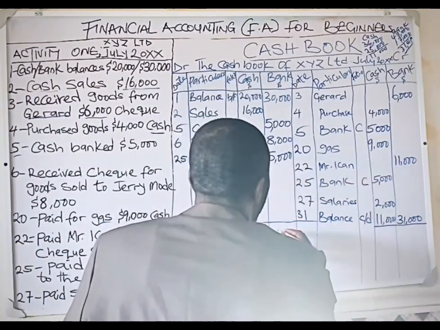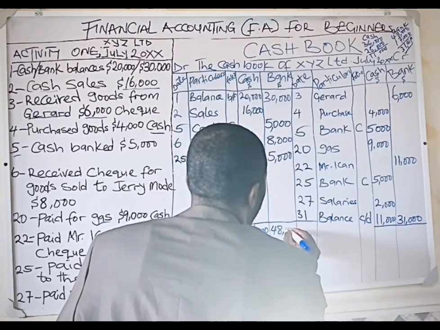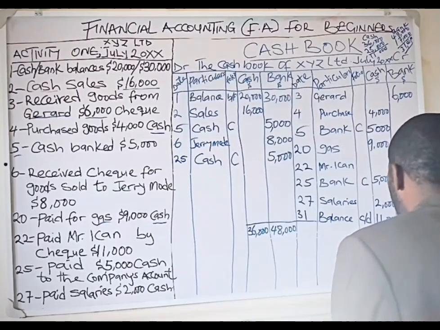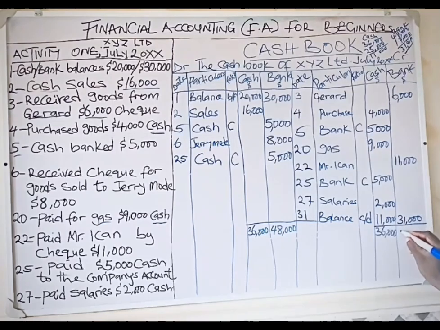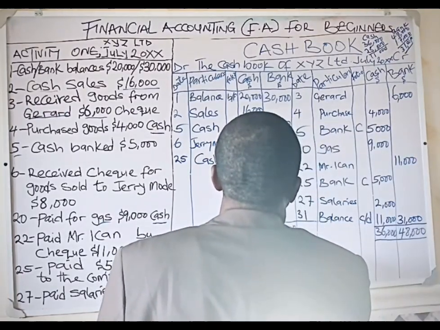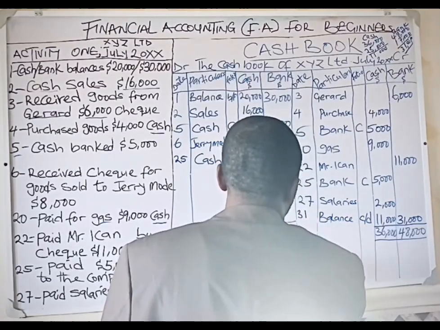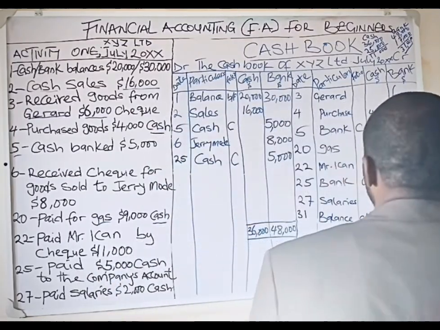And this is 48,000. 36,000, 48,000. Very simple. 48,000. Okay.